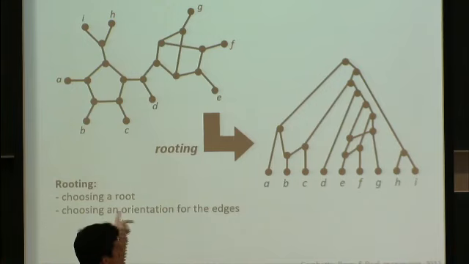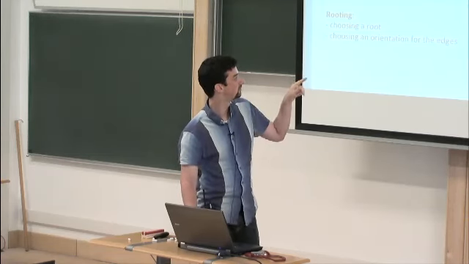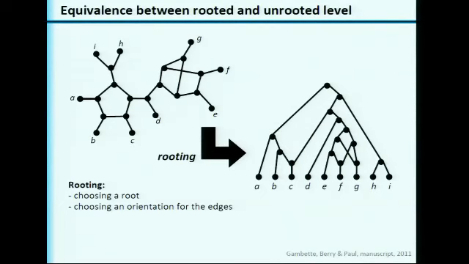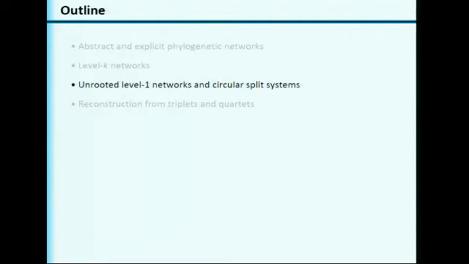So one unrooted network could, with the same root edge chosen, give at least two, in fact, an exponential number of level k rooted networks. So in each case, the rooted level stays the same, so it's an invariant, it's really the same parameter for the unrooted and the rooted context.